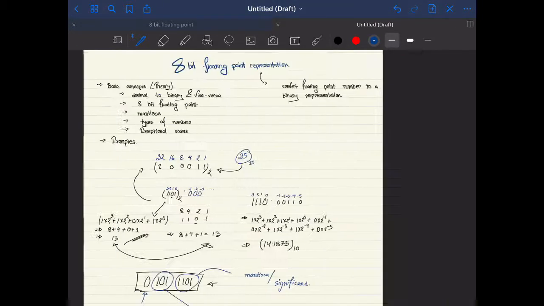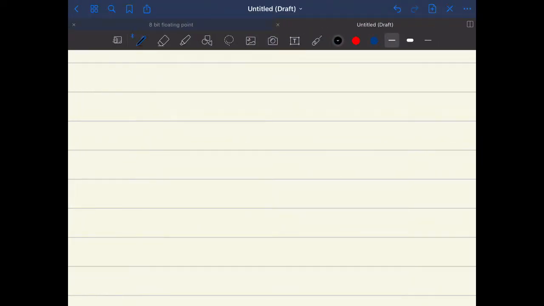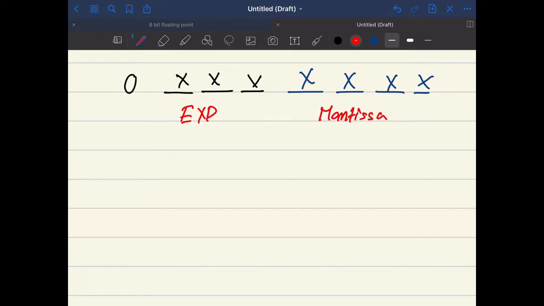Moving on. There are some weird cases that we need to understand before diving into some examples. As I said, this is the format that we follow, right? For the 8-bit representation, this represents the exponent, this represents the mantissa, and this is your sign bit.